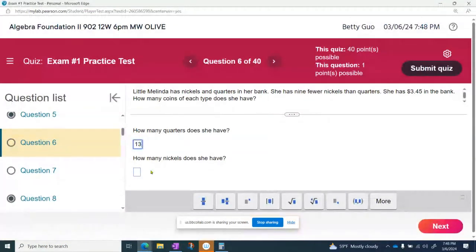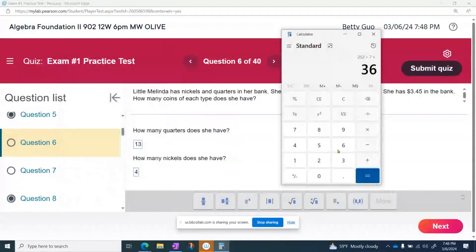She has 4 nickels. How do you double check this answer? You are able to double check, guys. Think about 4 nickels. 1 nickel is 5 cents, so 4 nickels is going to be 20 cents.